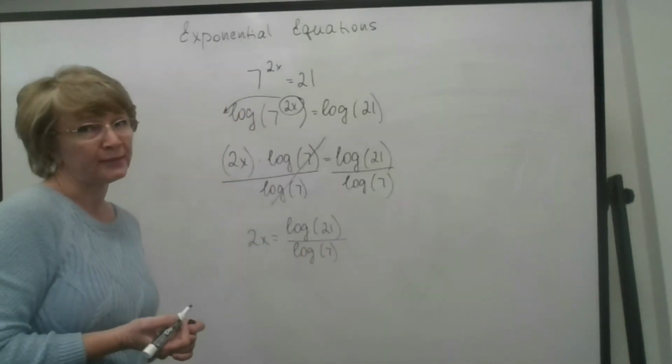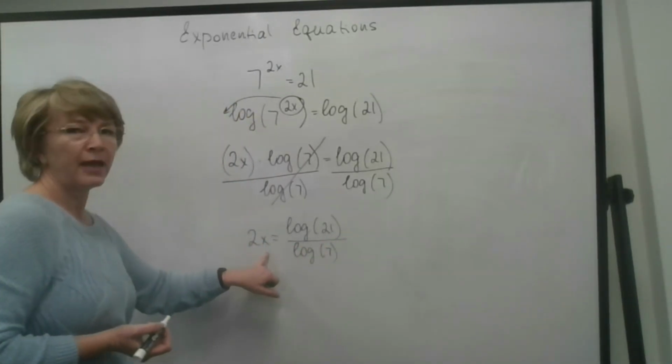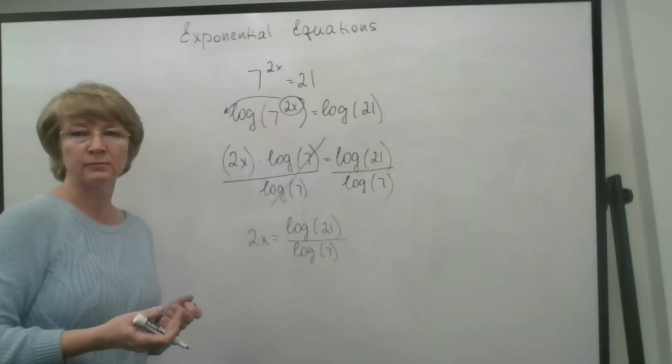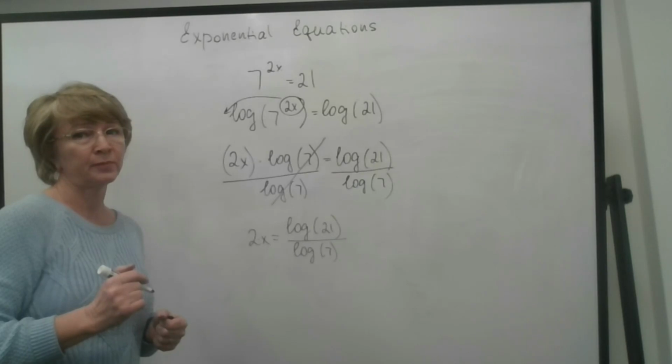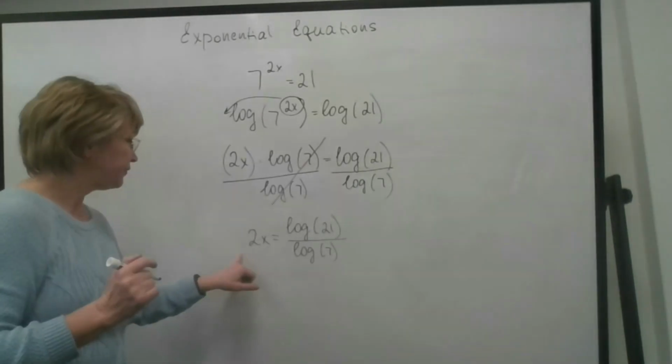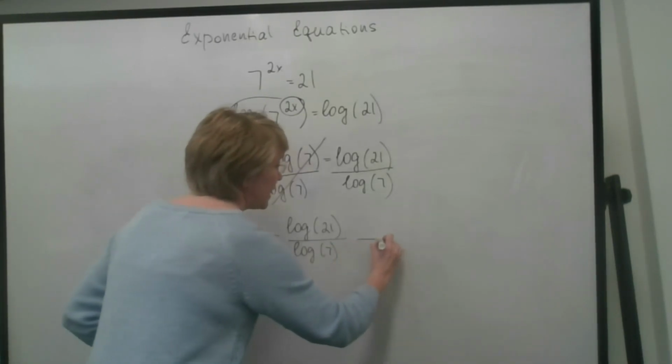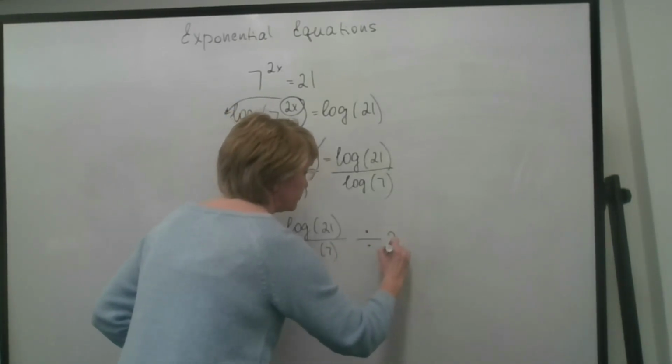What will we do next? We have 2x. It's exactly the same as 2 times x. What is the opposite of multiplication? Division is the opposite of multiplication, so we have to divide by 2.